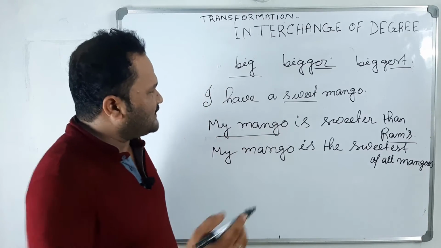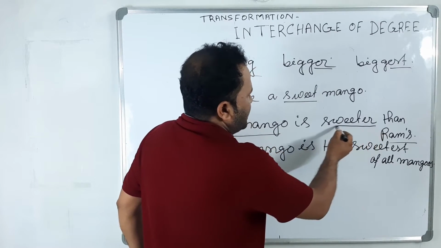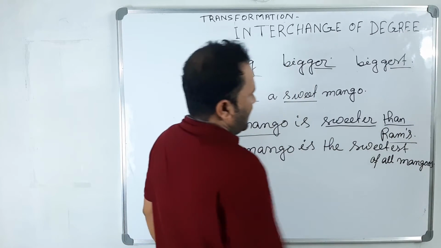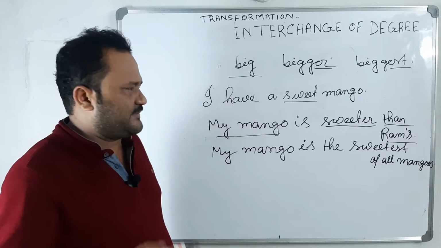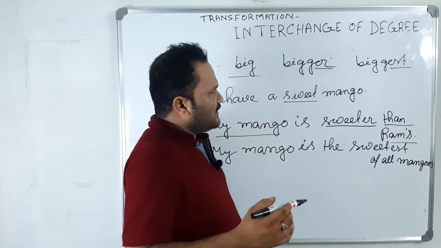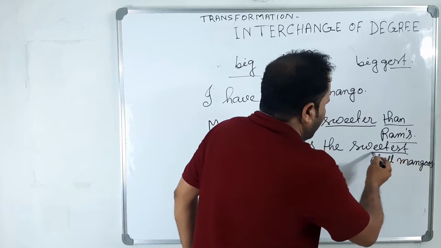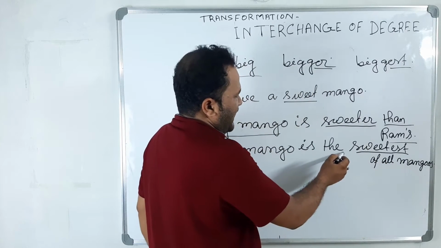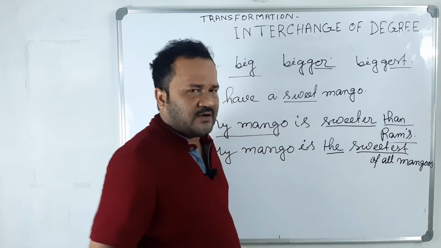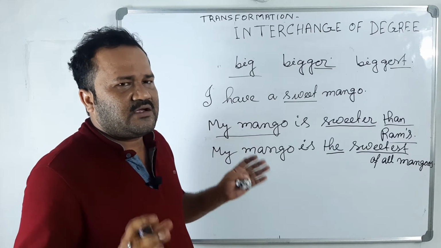So you know that in comparative degree there is always a than. After comparative degree there are some exceptions, of course, and before the superlative form of the adjective you have to put the. These are the basic ways.